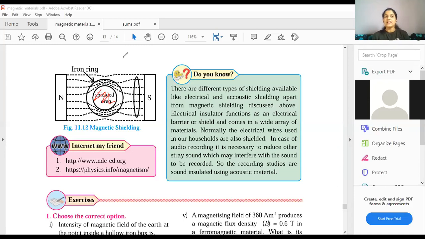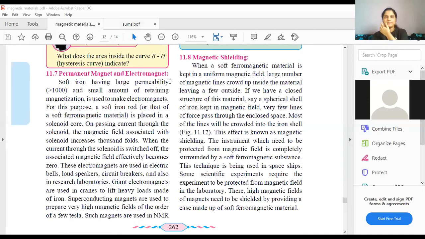This is your paramagnetism and ferromagnetism concept, if you remember. In diamagnetism, the lines are repelled, but in paramagnetism, the lines go through the material, because they are attracted. That is what is written over here. When a soft ferromagnetic material is kept in a uniform magnetic field, mark this first point: a large number of magnetic lines crowd up inside the material.